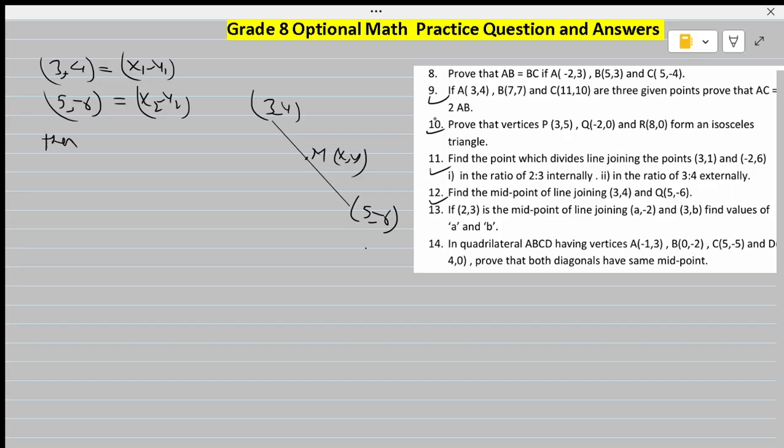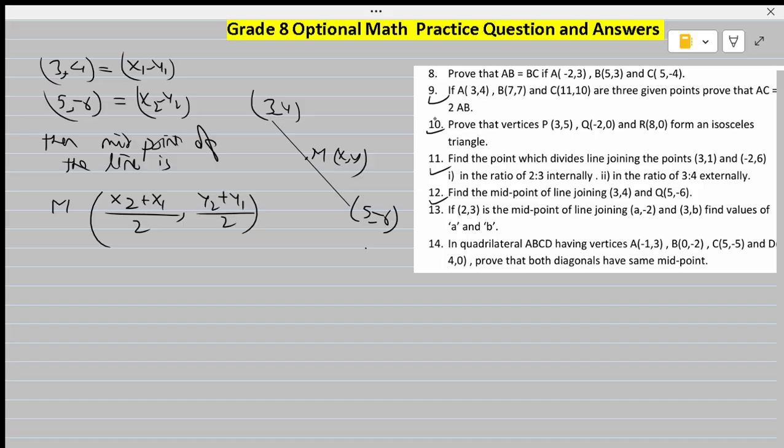The midpoint of the line is m equal to x2 plus x1 by 2 comma y2 plus y1 divided by 2. Here the second x is 5, the first x is 3, so 5 plus 3 by 2. The second y is minus 6, the first y is 4, divided by 2.